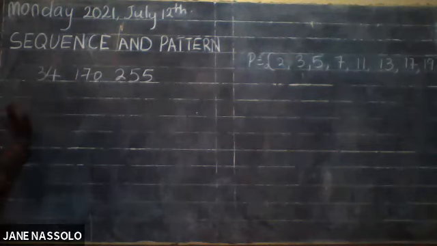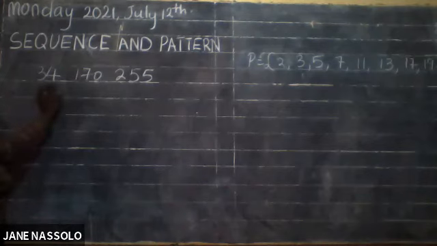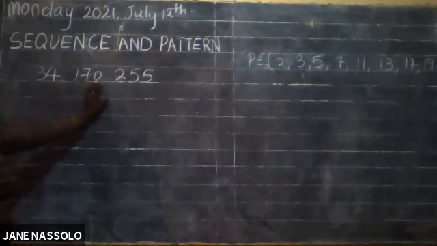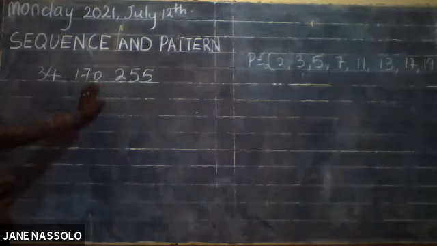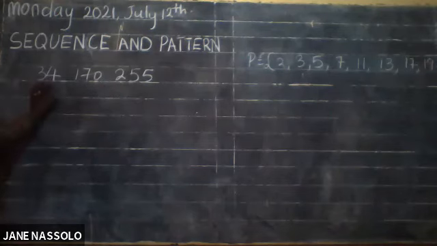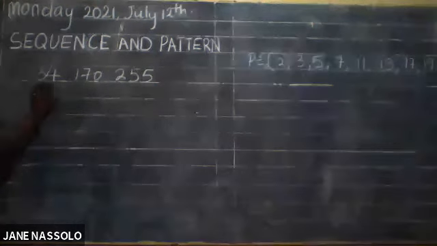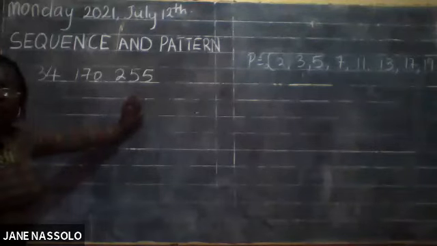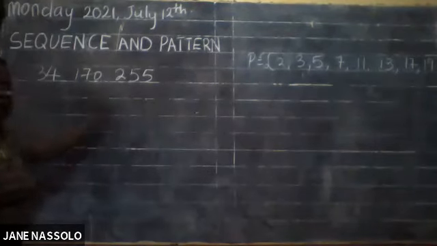So 3 cannot be a common factor. When we look at 5, a number is divisible by 5 if and only if its last digit is either 0 or 5. So it would be okay with the second and the last number. But the first number doesn't end with either 5 or 0. Therefore, 5 can't be a common factor.